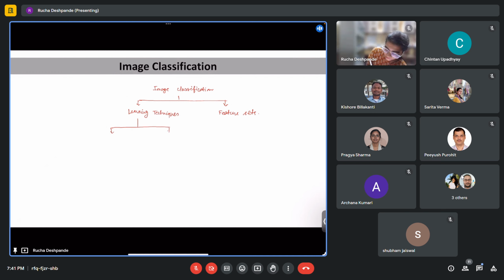These learning techniques are further classified into unsupervised and supervised learning. So examples of unsupervised learning are k-means clustering or isodata clustering.